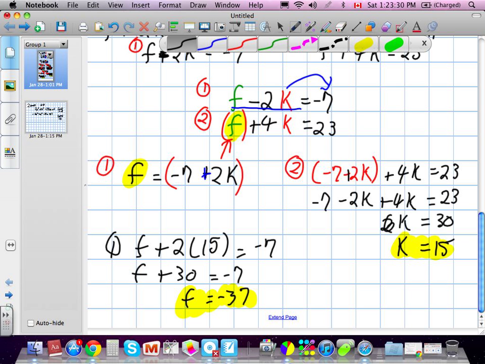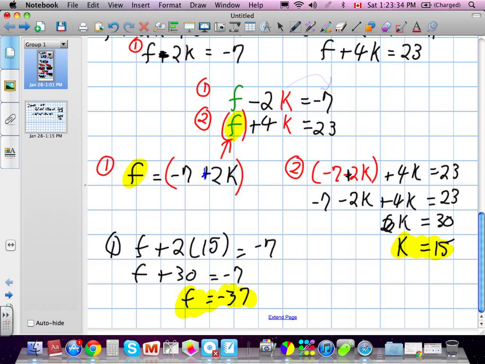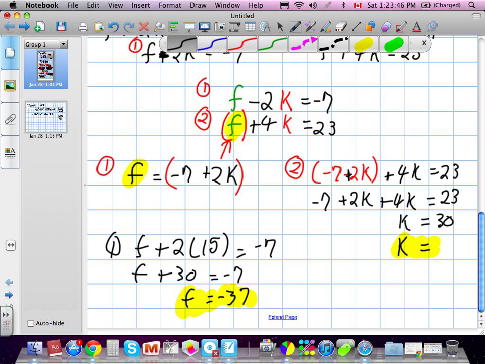Okay? I know I'm going very quickly here. Just want to correct that mistake. So this becomes negative 7 plus 2k. So what ends up happening here is you get negative 7 plus 2k plus 4k. So 6k. 6 divided into 30 gives us our 5.